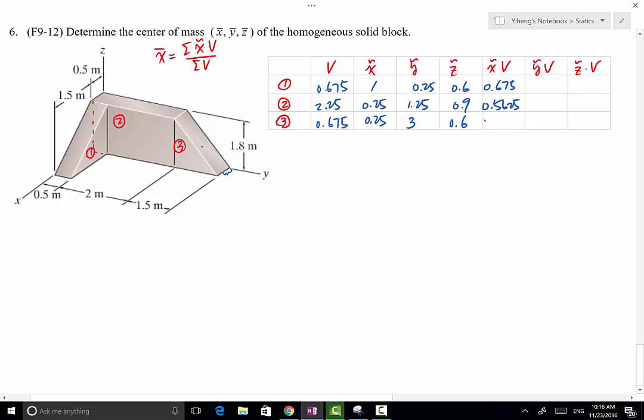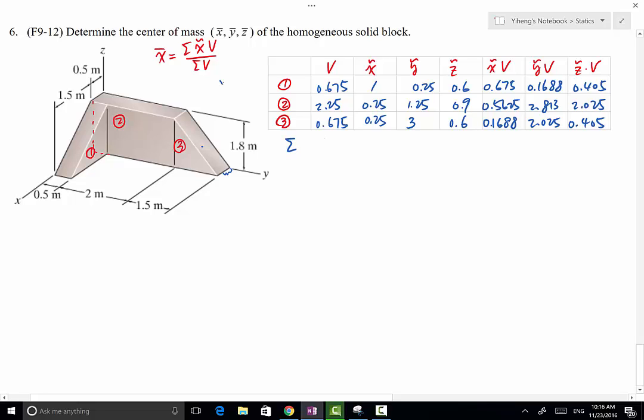If you have, for example, Excel, I suggest that you use Excel to handle this type of calculation. Now, we're going to add up the total volume.